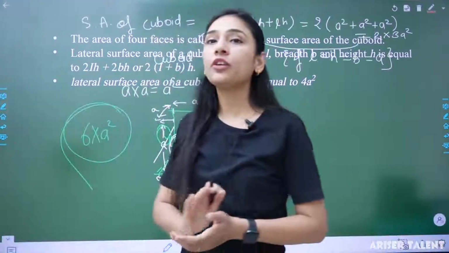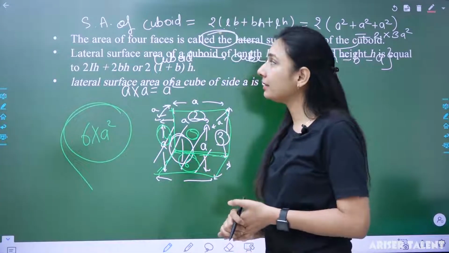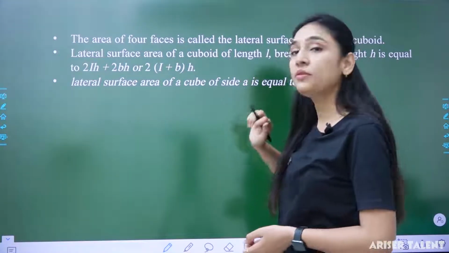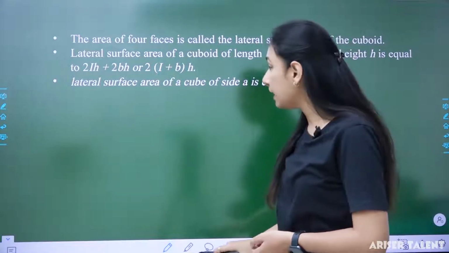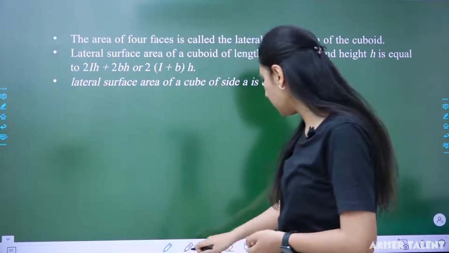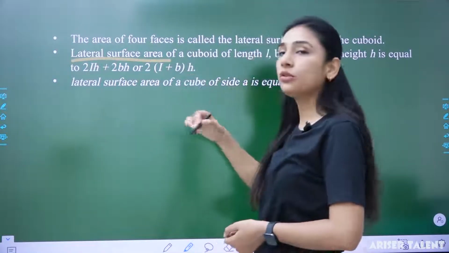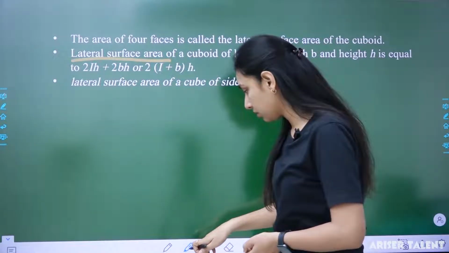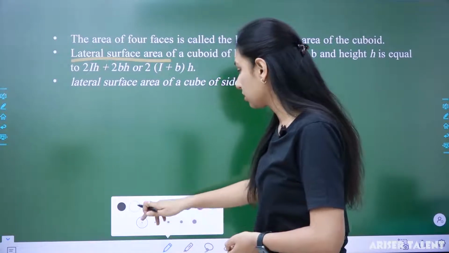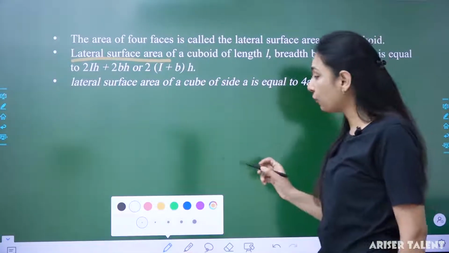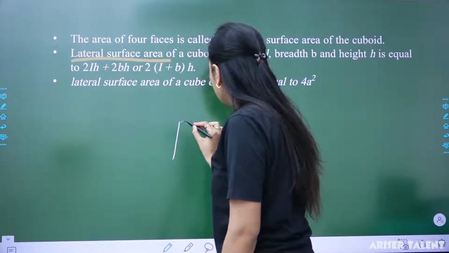Now I was talking about another term other than the surface area, and that was the lateral surface area, guys. Okay, that is the lateral surface area. We get to know about that. Okay, so here the area of 4 faces, right?